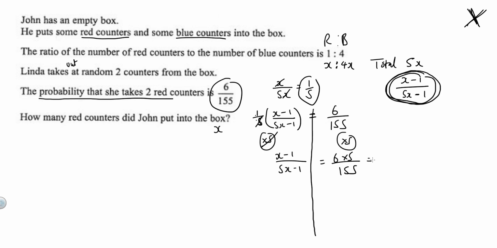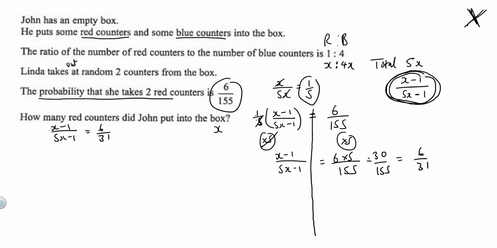That's 30 over 155. That can be simplified. We can just divide by 5, top and bottom. That's going to be 6 over 31. Let me just write it clearly over here. x minus 1 over 5x minus 1 is equal to 6 over 31.